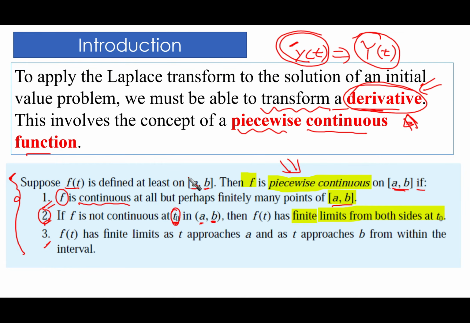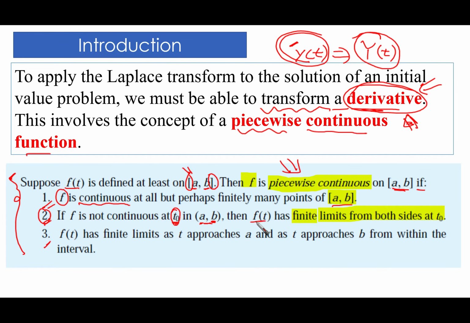Here a and b, including a and b because of these brackets. But these parentheses, like half of an arc, mean inside the interval.